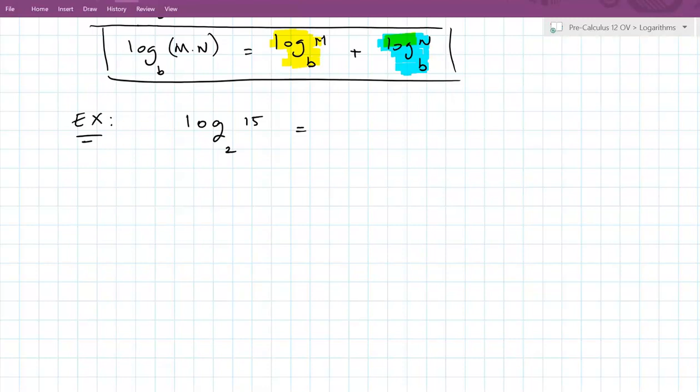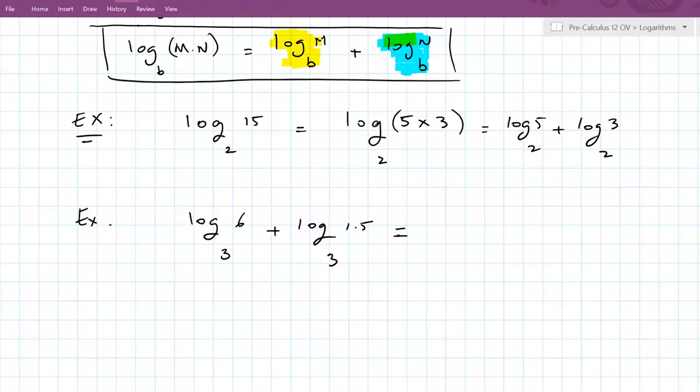So we can rewrite it as log of 5 times 3 base 2, which will be equal to log of 5 base 2 plus log of 3 base 2. We can simply do that. That's not a big deal.